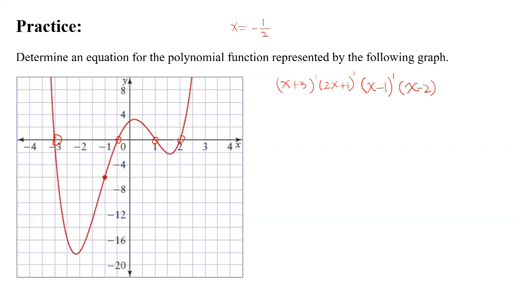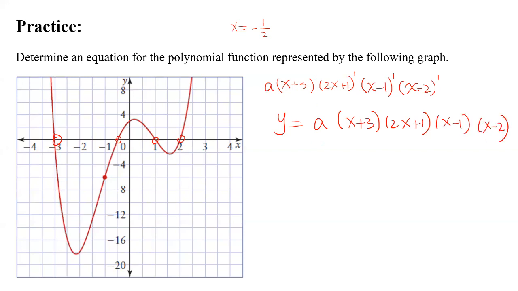Also, the function changes sign here, so the order is an odd number, and we can use the least odd number 1. After that, we can put a stretching factor a in front. So basically, this function has the form y equals a times x plus 3, 2x plus 1, x minus 1, and x minus 2.